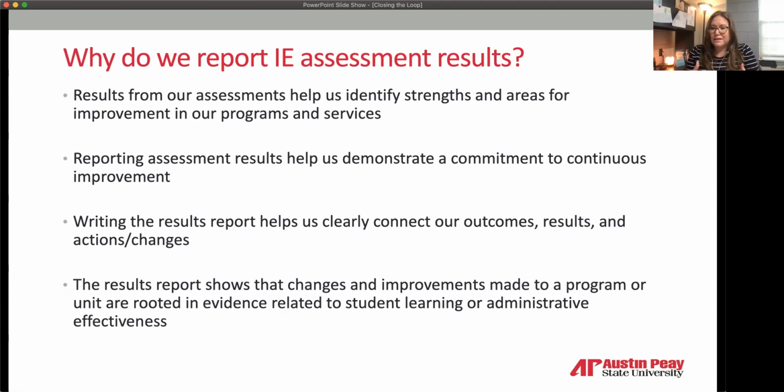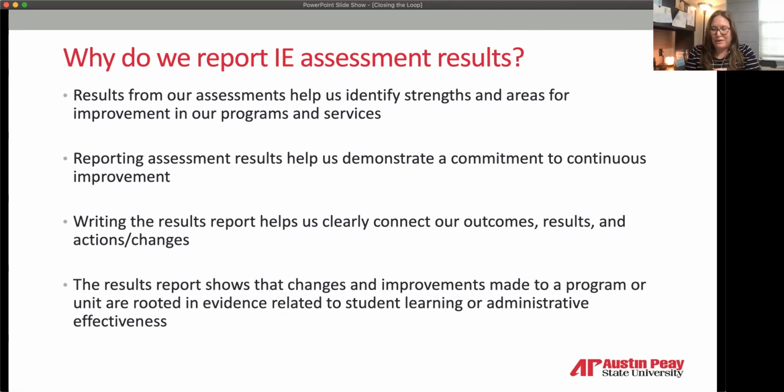It also helps us think about what we're doing in our units. Are the things that we're doing every day tying back to those outcomes? Are we truly doing what we say we're going to do throughout the academic year? If you don't put it on paper, it's hard to see how those things line up.